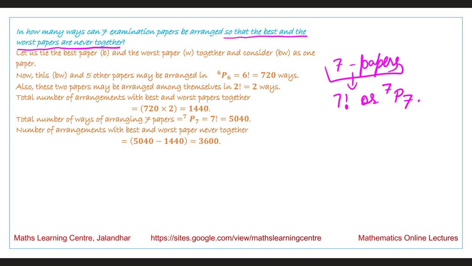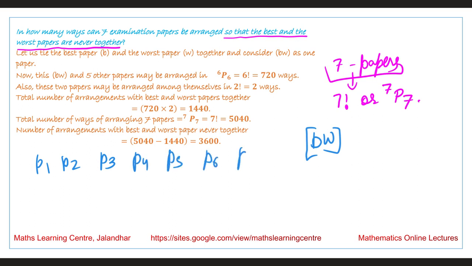Now suppose the best paper and worst paper are kept together. We have papers P1, P2, P3, P4, P5, P6 and P7. Suppose this is the best paper and this is the worst paper.